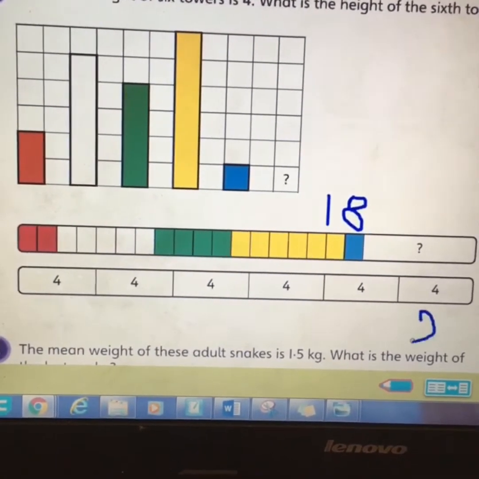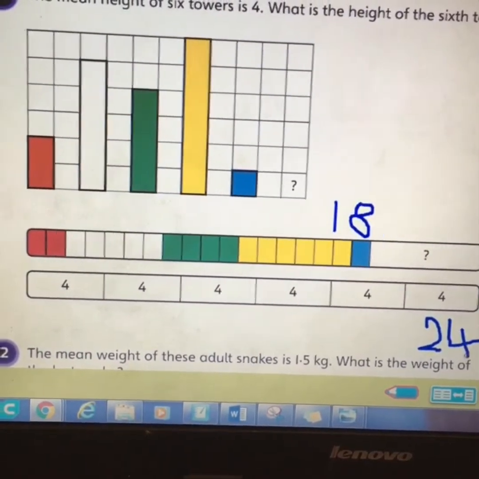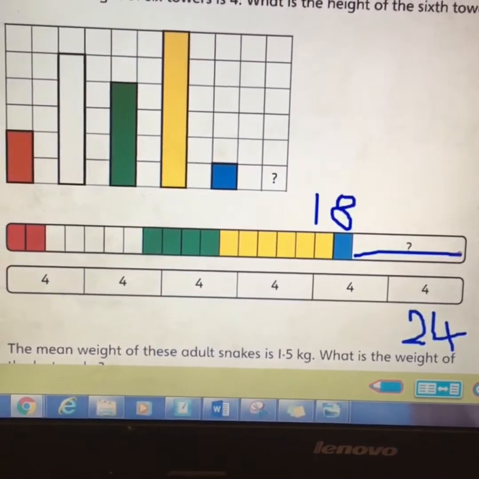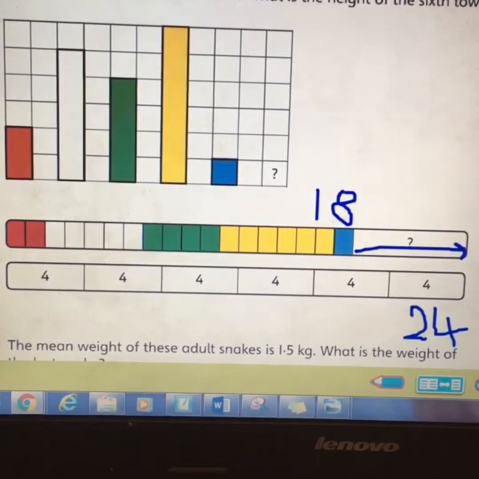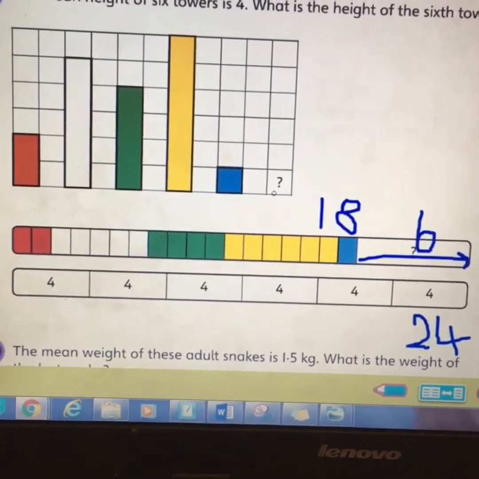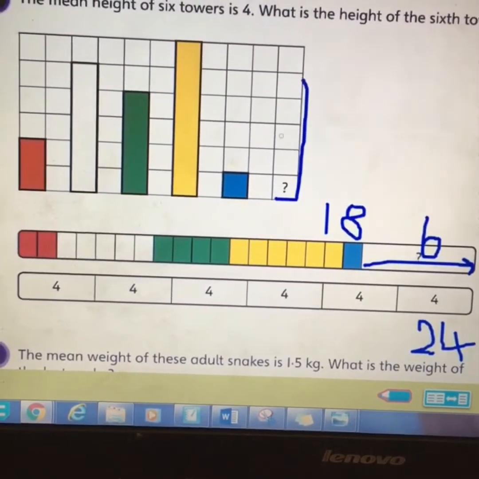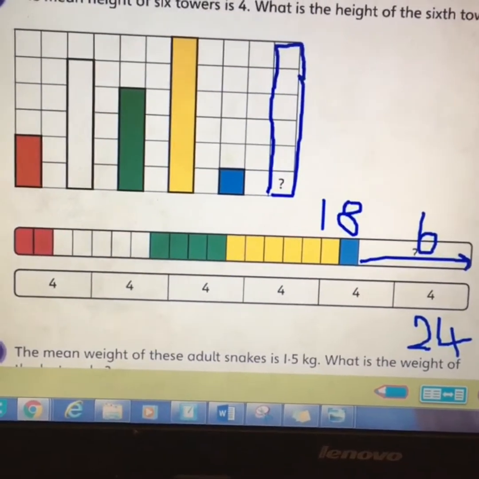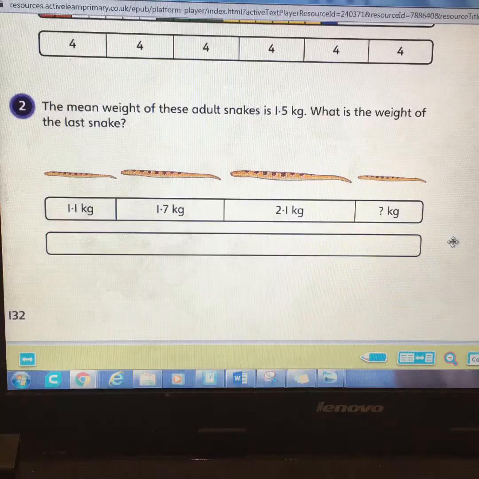But we know that to make the mean correct, we need 24. So what is this part worth then? Well, what's the difference between 18 and 24? It is 6. So the height of this tower here must be, obviously you would do it with a ruler, 6 bricks high.